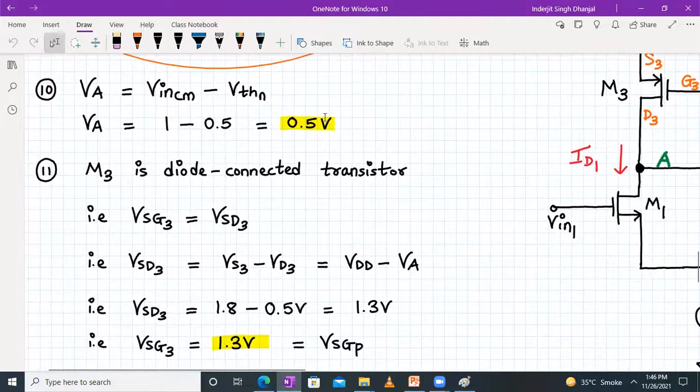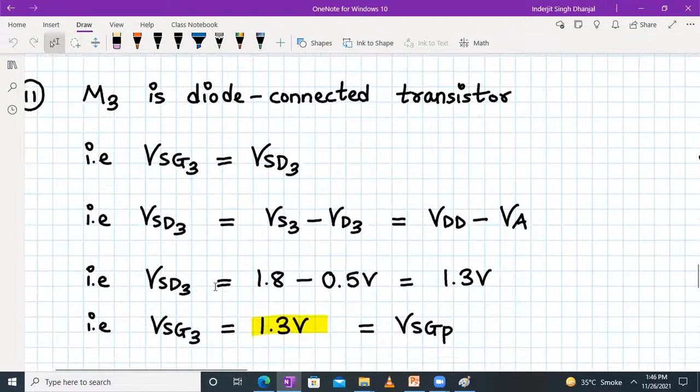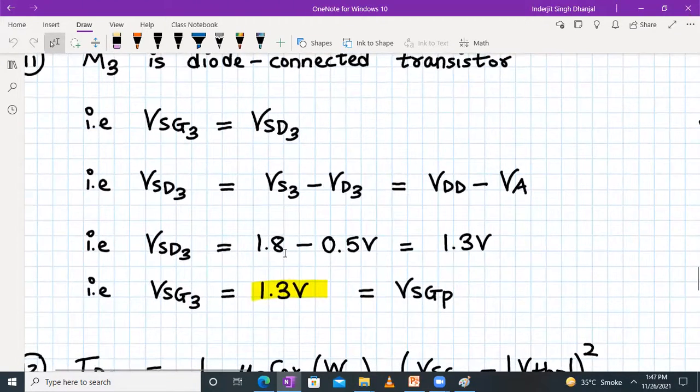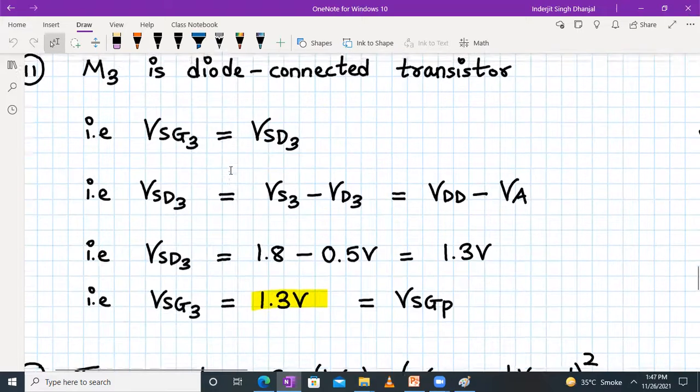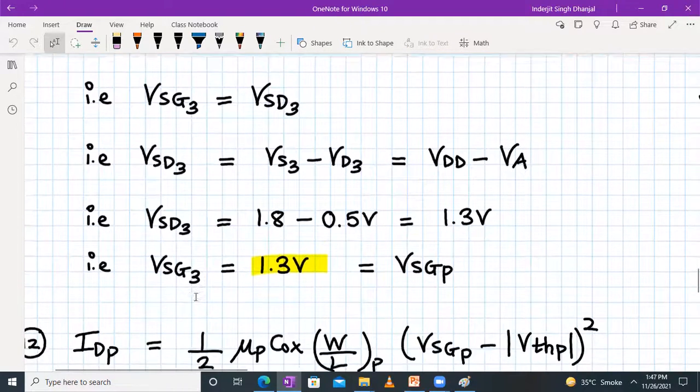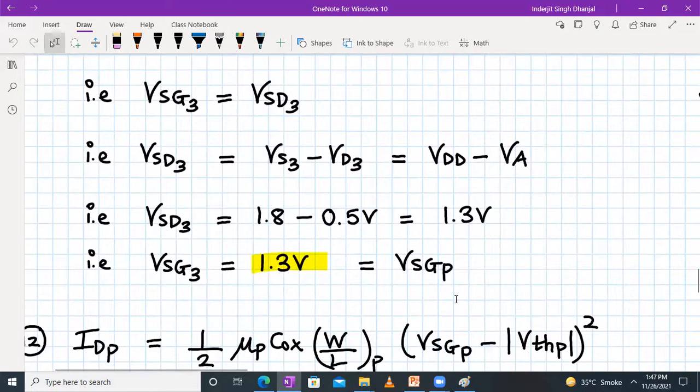And VA we already calculated as 0.5. VDD is given as 1.8. So VSD3 will be 1.8 minus 0.5, which will be 1.3 volt. So finally, VSG3 will be equal to 1.3 volt because that is same as VSD3 because M3 is diode connected. And this voltage VSG3 will be written as VSG.